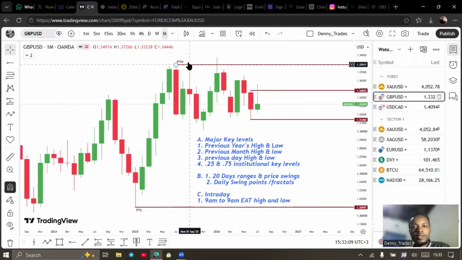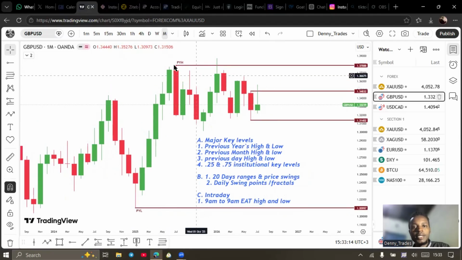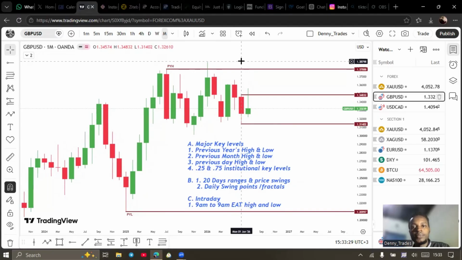When you have the yearly high and low, and we anticipate the price is going to first trade above the previous yearly high when January opens, that is defined as bias. When this month opens and we anticipate that it's either going to trade above or below the previous month's low, that is bias.